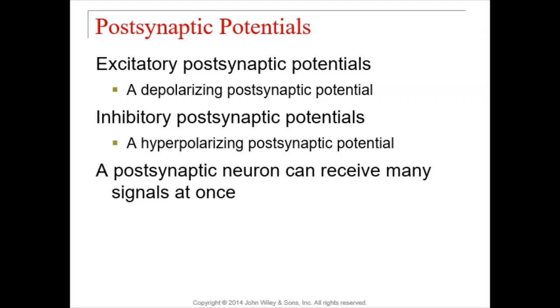Or you have neurotransmitters that will generate an inhibitory postsynaptic potential in the recipient cell. It will tell the cell that receives it to stop doing something. And not only do you have different types of neurotransmitters, you even have different types of receptors for each neurotransmitter. And you don't need to know them.